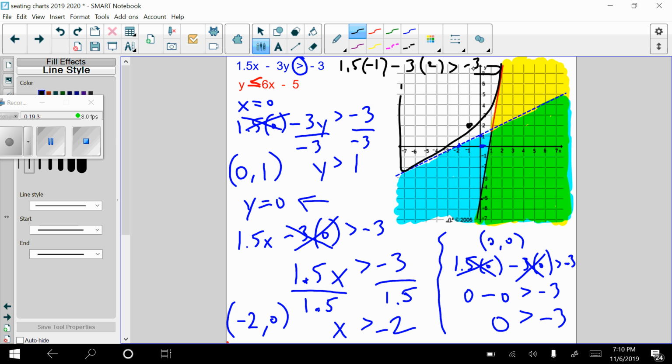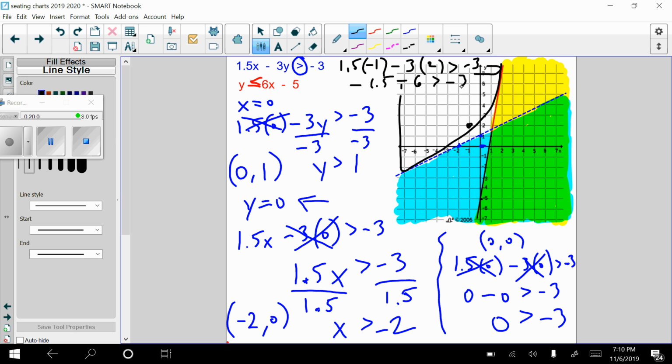Let's see. 1.5 times -1 is -1.5. Subtract -3 times 2, so it would be subtract 6. Subtract 6 greater than -3.